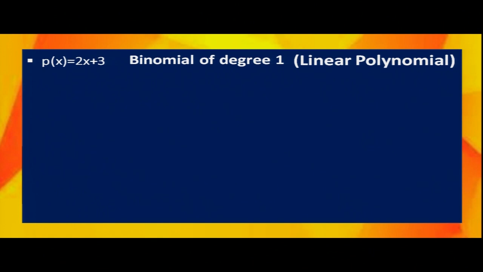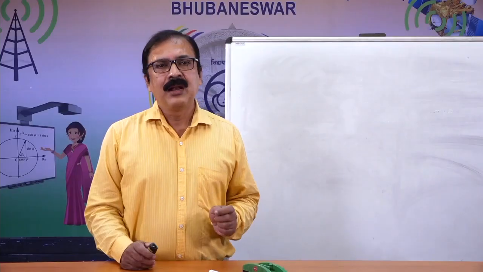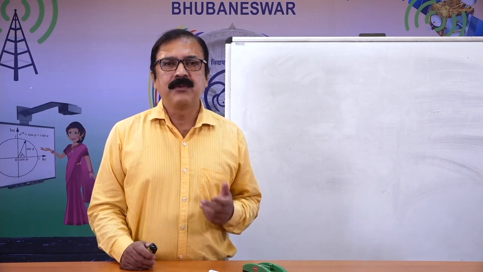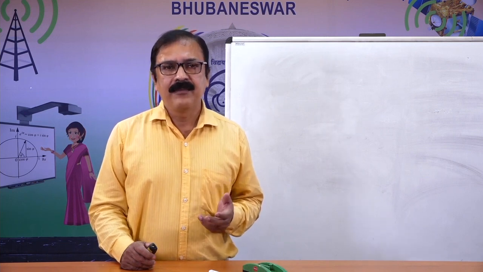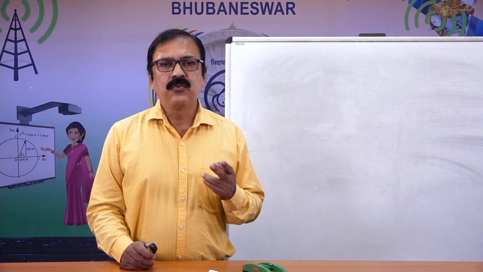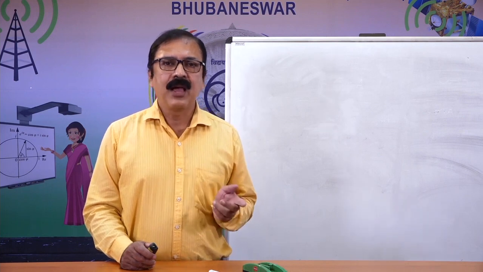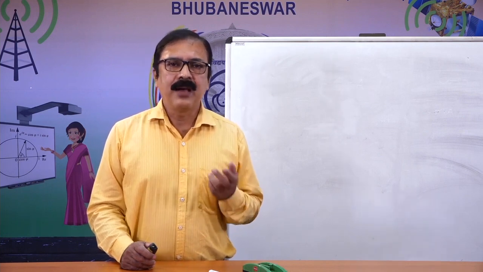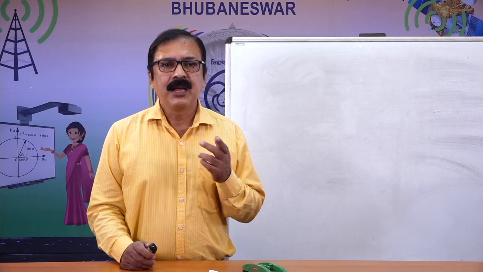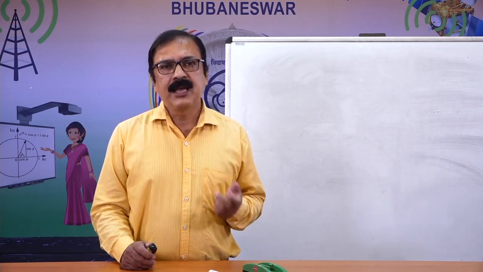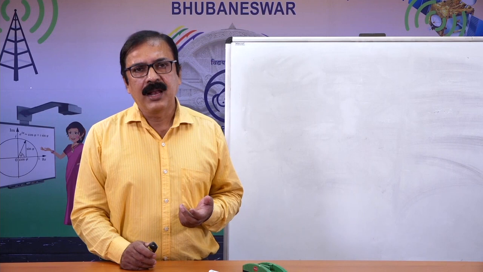Now see, if the degree of the polynomial is 1, what is the maximum number of terms it can have? It can have 2 terms. It can also have one term, say 3x. 3x is a linear polynomial.